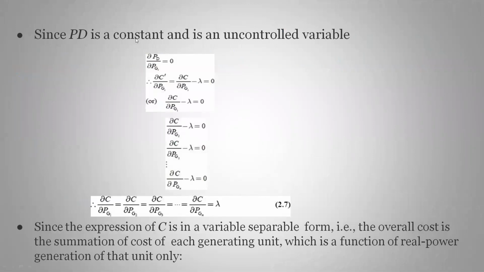So PD is a constant and an uncontrolled variable, so ∂PD/∂PGi = 0. So ∂C/∂PGi − λ = 0. So for PG1, PG2, PG3 and so on, ∂C/∂PGn = λ.